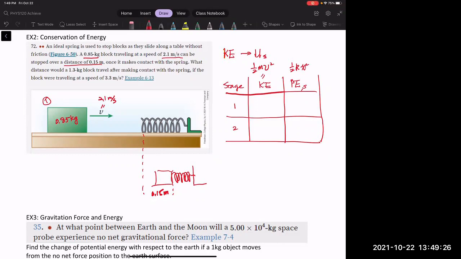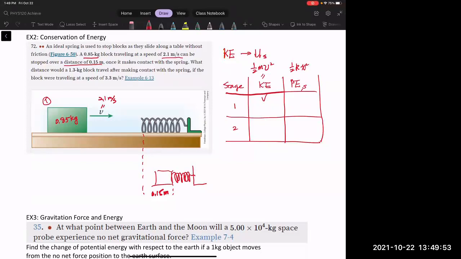The answer is yes, because you are given the mass, you're given the velocity 2.1. So you can find kinetic energy. What about the potential energy? Well, the potential energy of the gravity is equal to 0, but for the spring, the potential energy is 1/2 kx squared. The k is the spring constant.